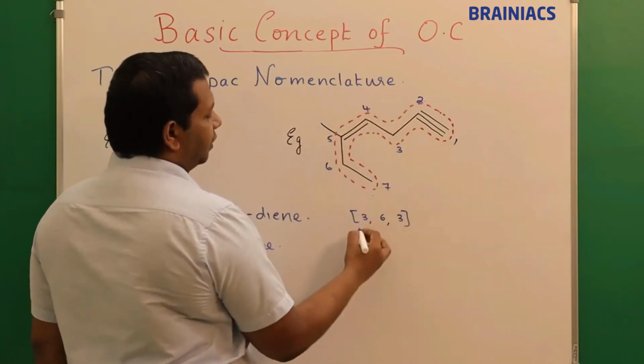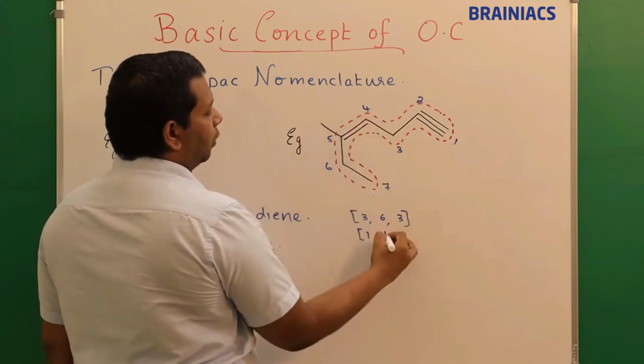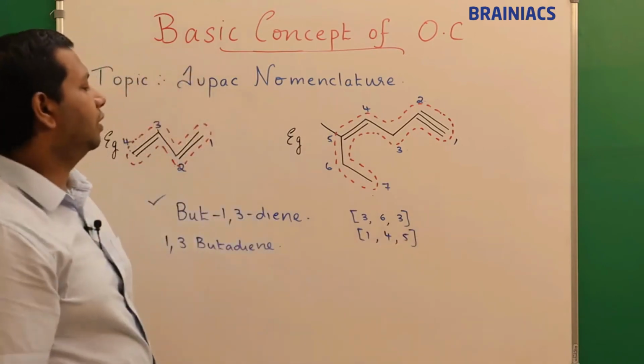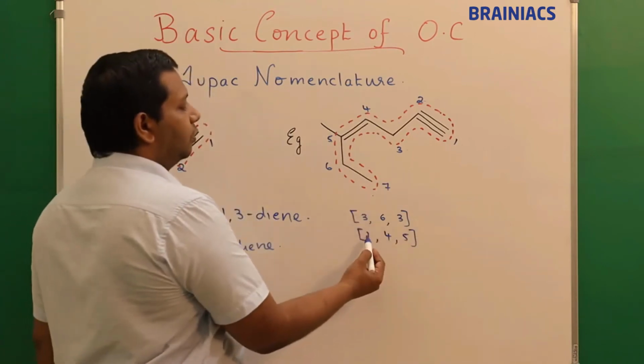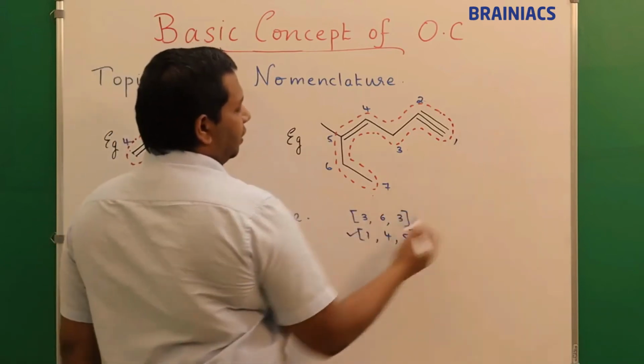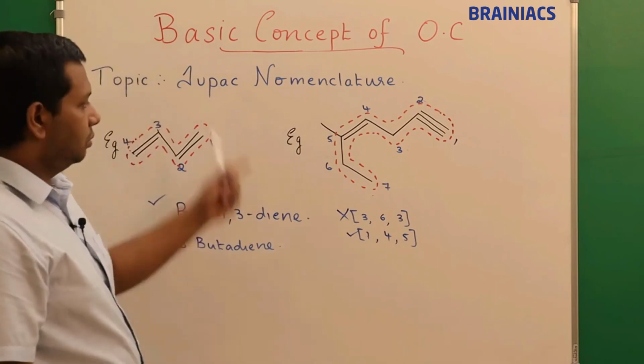From this itself I understood 1 is coming here, then 4, then 5. Correct? 1, 4, 5. So from the first point of difference rule, this is the minimum number. So this should be the correct numbering. This is wrong. Understood?